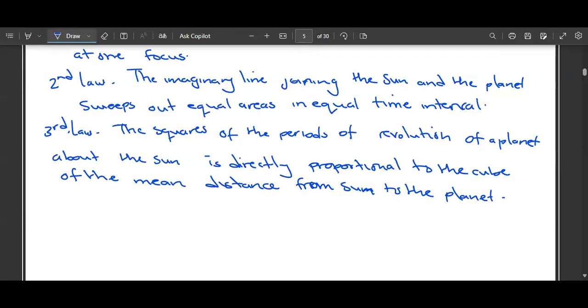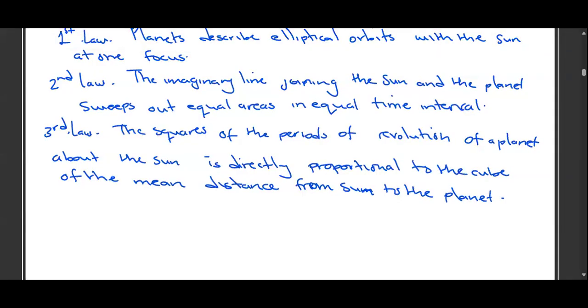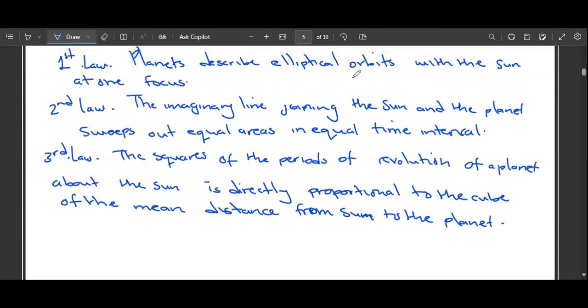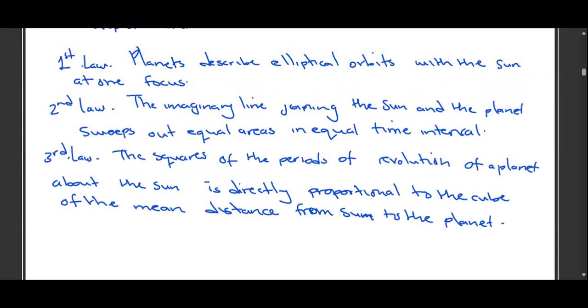Supposed to be at one focus. Planets describe elliptic orbits with the sun at one what? At one focus. Then the second law: the imaginary line joining the sun and the planet sweeps out equal areas in equal time intervals.